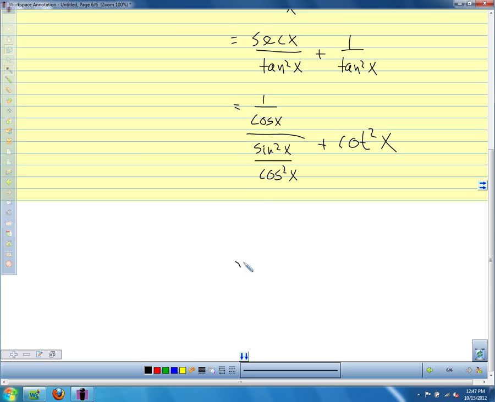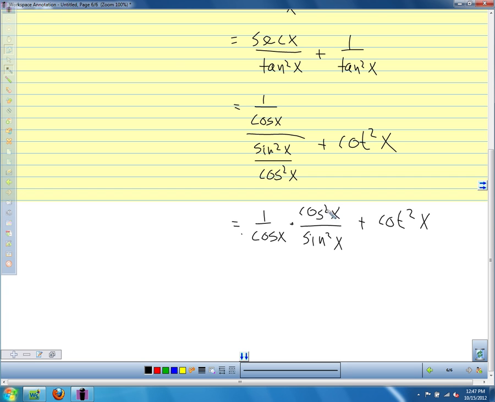And I'm going to divide this fraction by multiplying by the reciprocal. So that's 1 over cosine x times cosine squared x over sine squared x plus cotangent squared x.